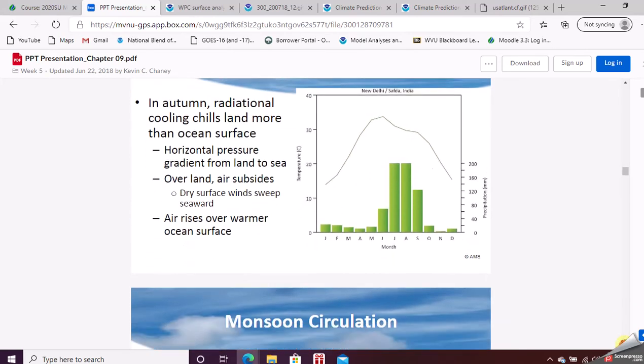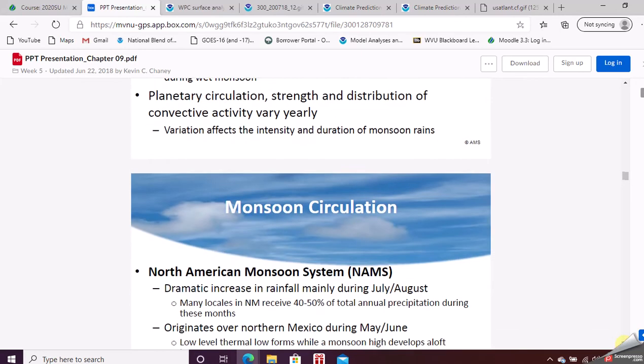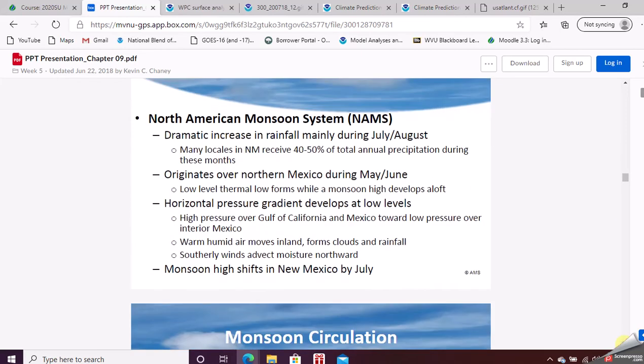There's an actual monsoon in the U.S. as well, and that's over the southwestern part of the U.S. It's the North American monsoon. Basically, it originates with high pressure developing aloft over that area, 30 degrees north. We just saw that high on the 300 millibar. There's low pressure because of the heating that's developing over Mexico.